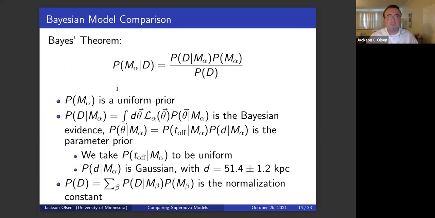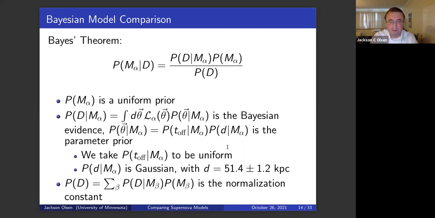So in a little bit more detail, we have no reason to favor any one model over another. So we'll set this model prior to be uniform. Now, the Bayesian evidence, in our case, takes the form of an integral over the model parameters. That's this vector theta here, an integral of the likelihood function for the model parameters multiplied by any prior information we have about those parameters.